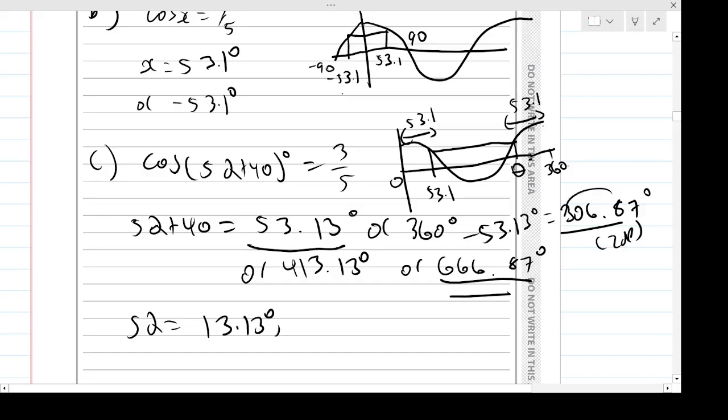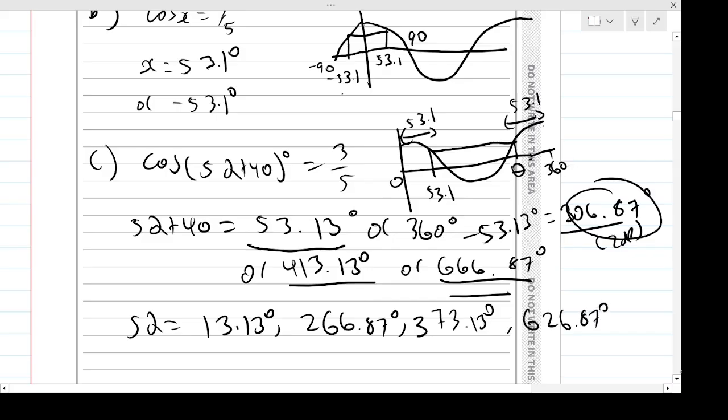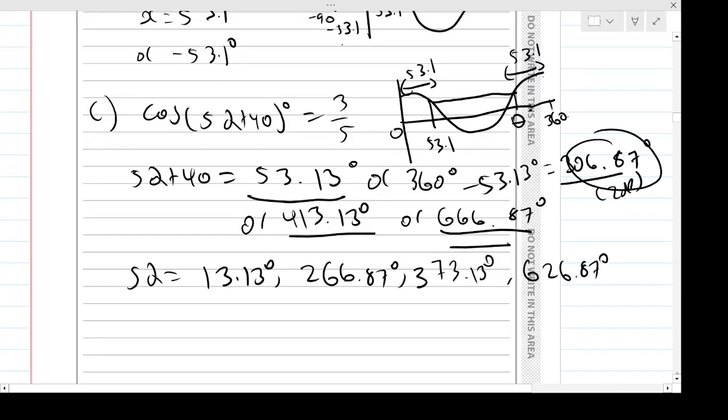Then 306.87 take away 40 is 266.87. Then 413.13 take away 40 is 373.13, and 666.87 take away 40 is 626.87. So we can spot that this is going to be the fourth solution.